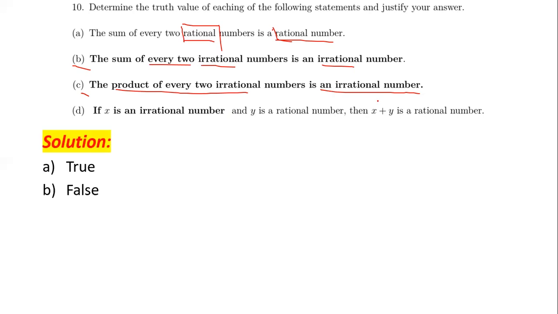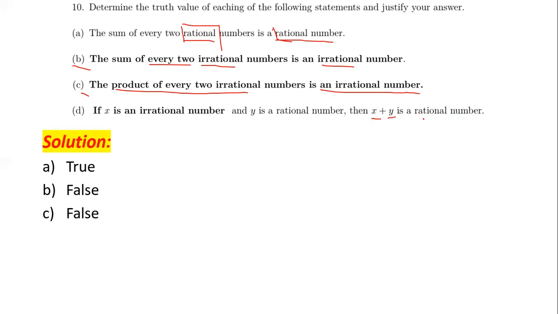If we multiply radical 2 by itself, the product is 2, which is rational, not irrational. So given the existence of such a case, the truth value for C becomes false.